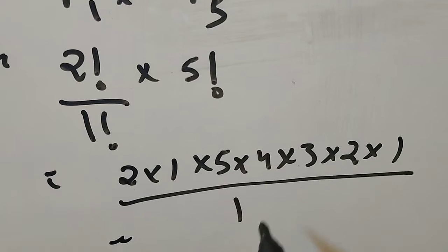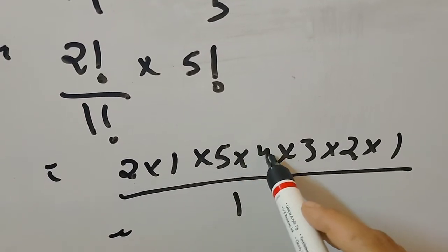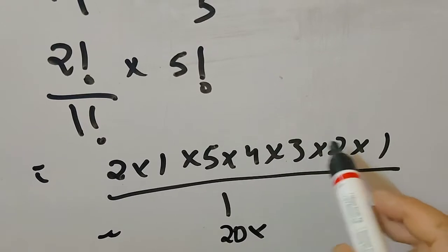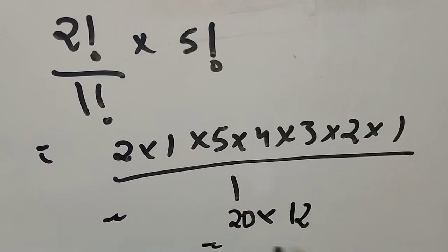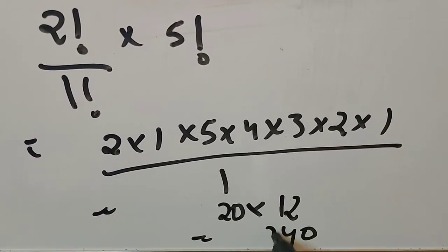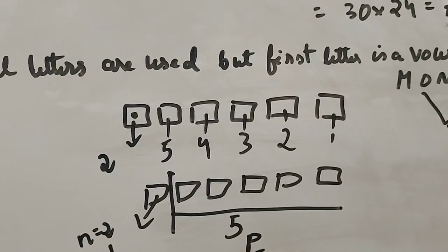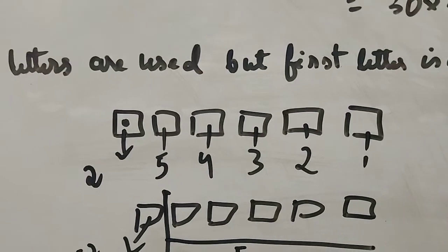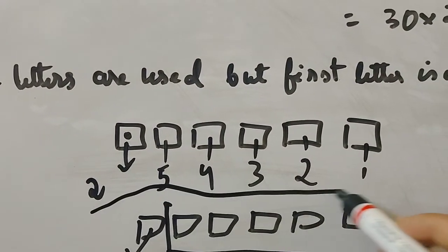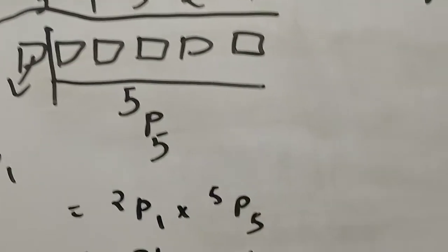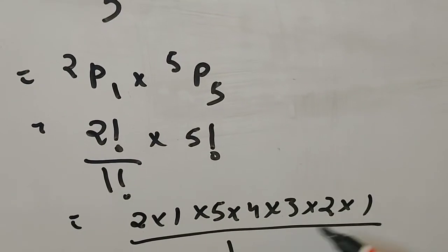So when you calculate, see what you get. 5 4s are 20. 20 into 3 is 60, 60 into 2 is 120, and 2 times 120 is 240. 240 is your answer. Or according to the principle of fundamental counting, you multiply 2 into 5 into 4 into 3 into 2. Same as this, you will get the same answer.